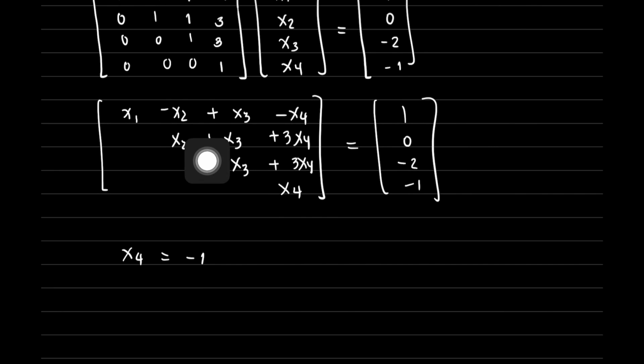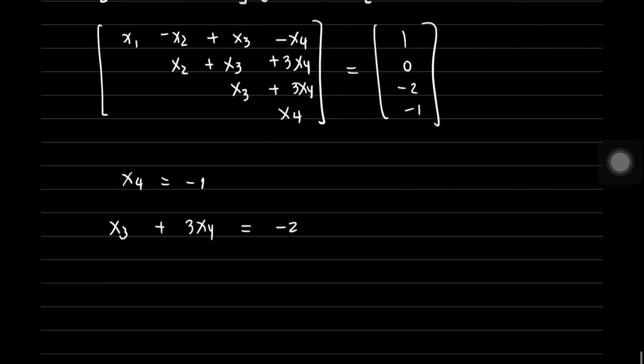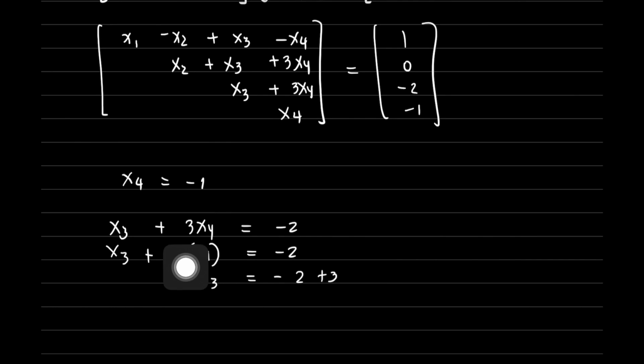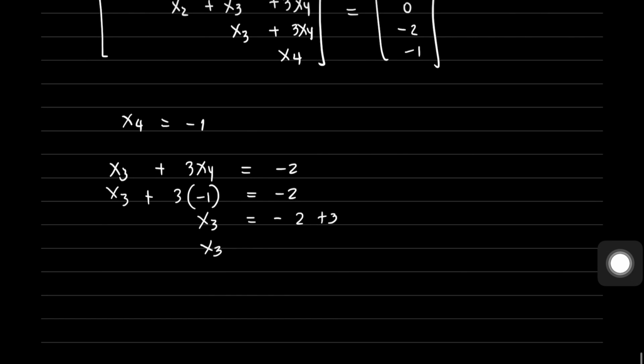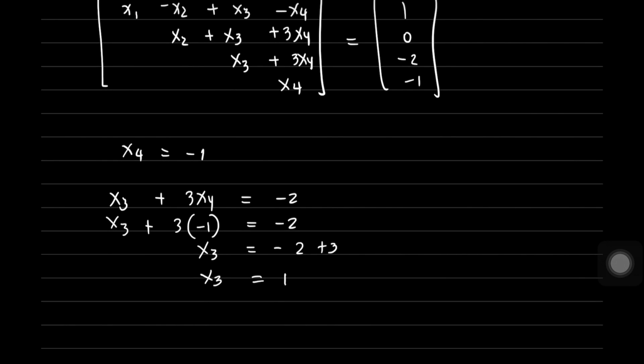For this one, we have x3 plus 3x4 equal to negative 2. So x3 plus 3 multiplied by negative 1 equals negative 2. Or x3 equals negative 2 plus 3, because if we transpose negative 3 to the other side, we have positive 3. Therefore, x3 is equal to 1. For x2, we can use this one.